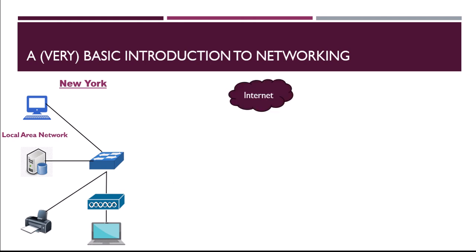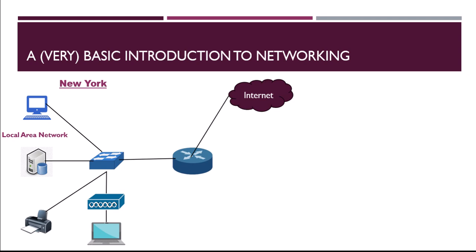Let's say our users want to communicate outside of their local area network, with an end host device which is not in their local area network, or they want to communicate on the internet with someone else. For that purpose we use the router.